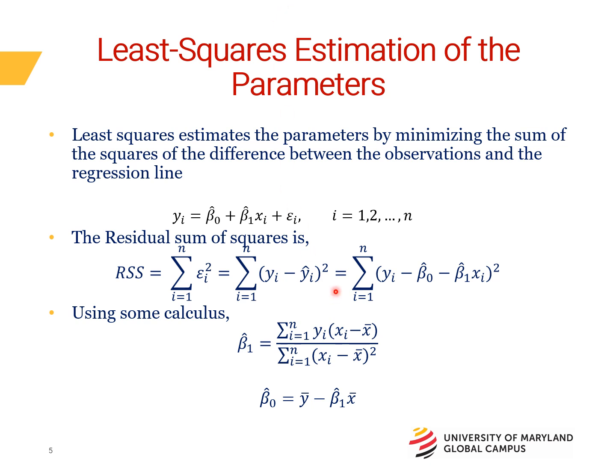So here, yi hat is the estimated value, so plugging this equation in is what you get here. So this is effectively how you implement it. In general, this is an optimization problem, so we take the derivative of the function, set it to 0, and solve for it.